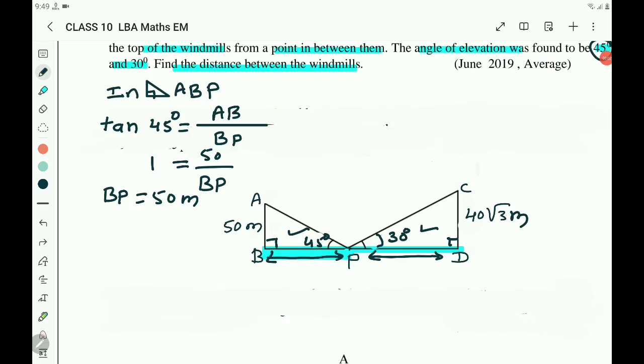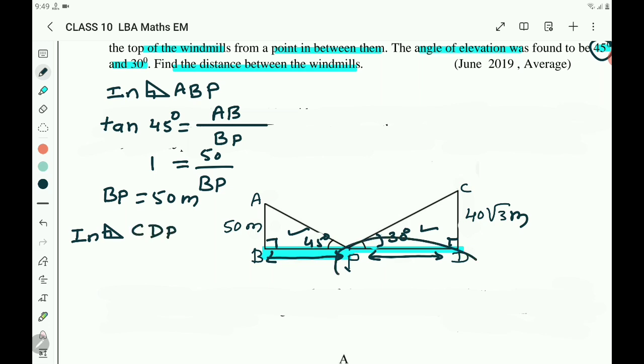Then to find PD, write the right angle triangle. In the right angle triangle PDC or CDP.